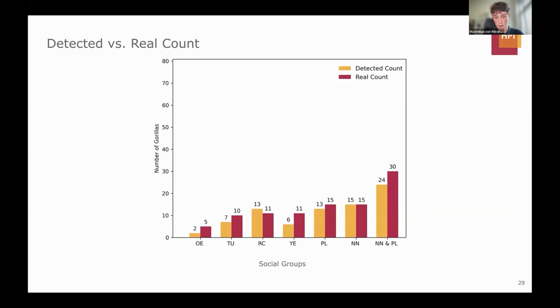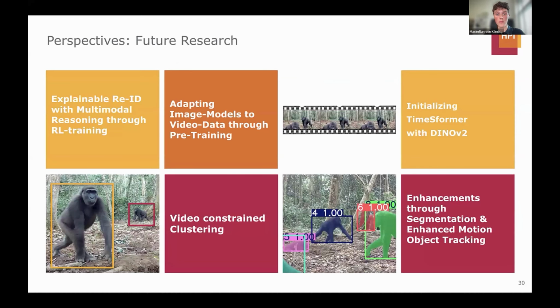And as this is a bachelor's research project, we are currently ongoing and also researching in new directions. And for this, for example, we are using also explainable re-ID with multimodal reasoning through reinforcement learning, also adapting image models to video data through pre-training, such as taming Dino.